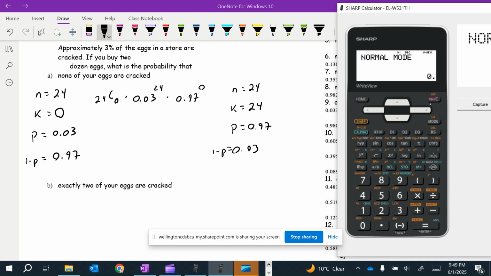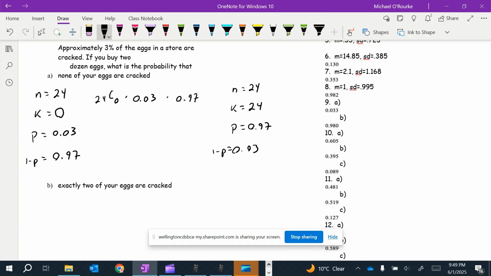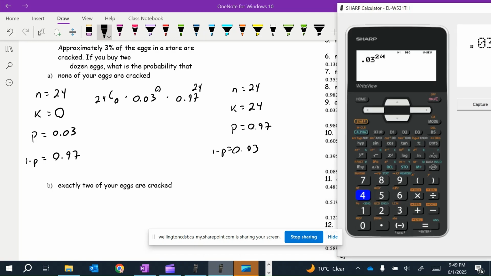Don't like what I got here. Oh, shoot. I did that wrong. This is backwards. That should be 0, that should be 24. There we go. I had it right on the paper, but not what I wanted to do.